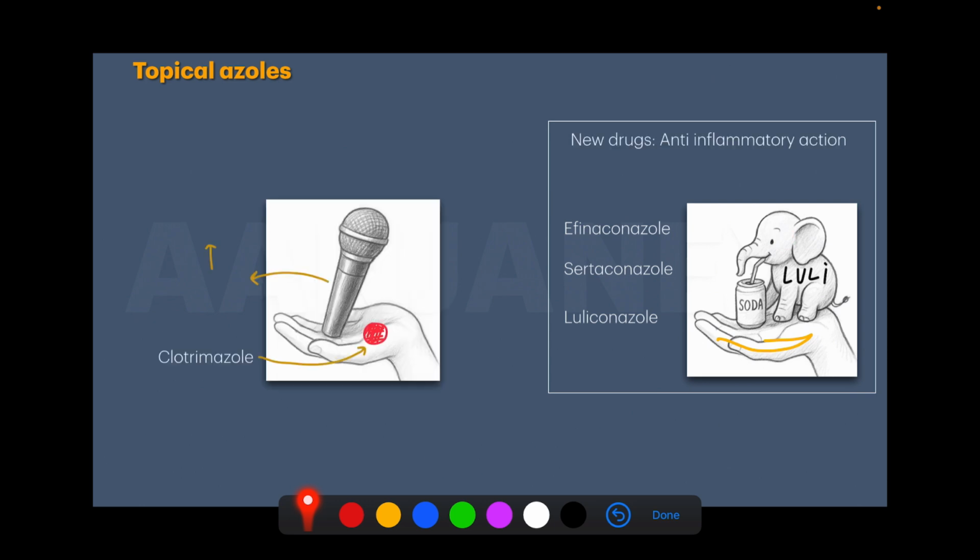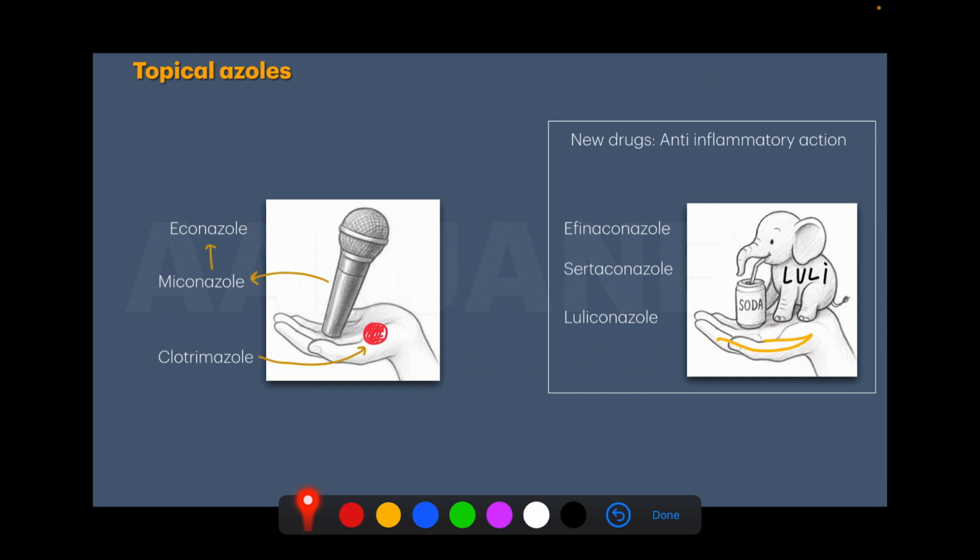We have another 3 drugs for which we have to imagine the same diagram. On your hand a mic is placed and you are hurt somewhere over here, so there is a clot. So clotrimazole, miconazole and econazole. From mic we have miconazole, clot we have clotrimazole, and these are topical azoles which are applied on your skin.